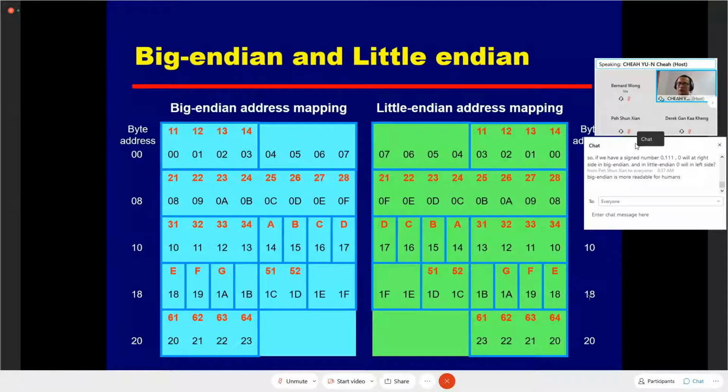Okay. So if we have a signed number, will it be on the right side for big endian and the left side for little endian? No, a number is a number. It must look the same on little endian and it must look the same on big endian.